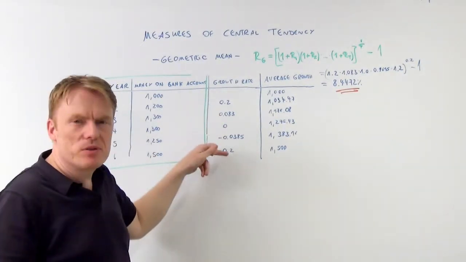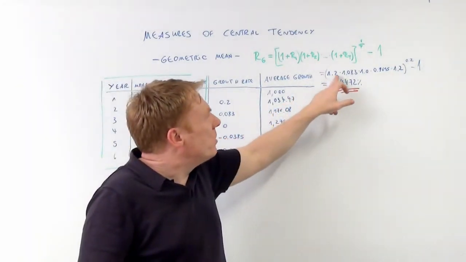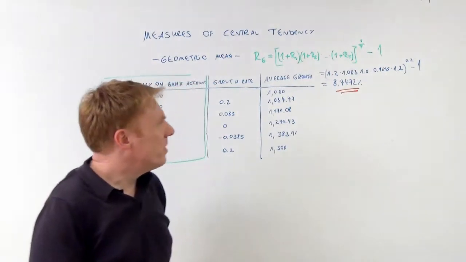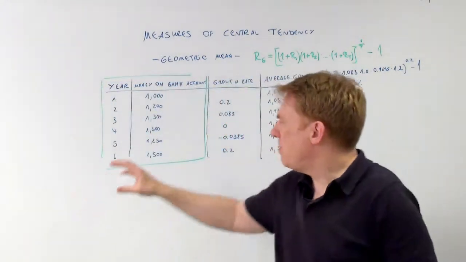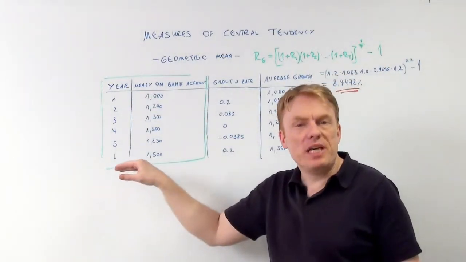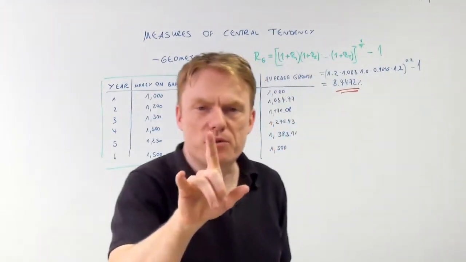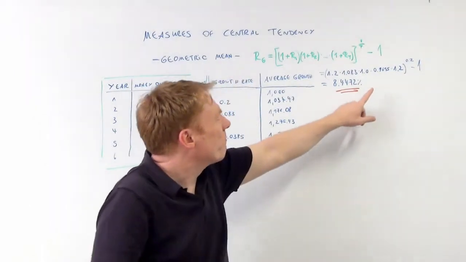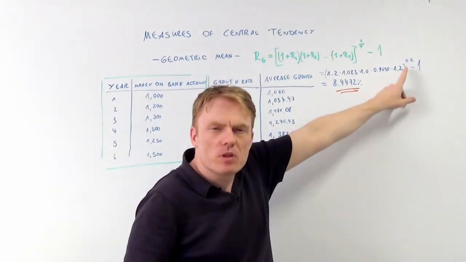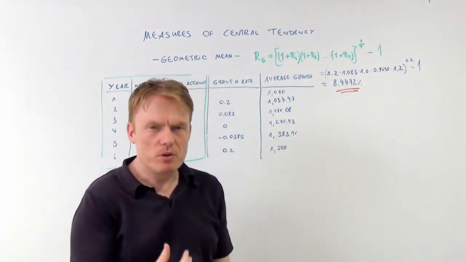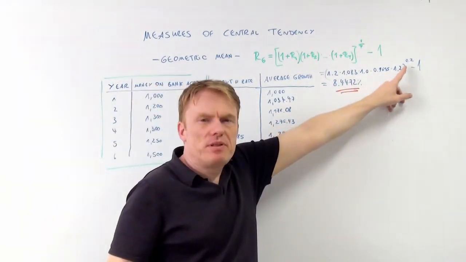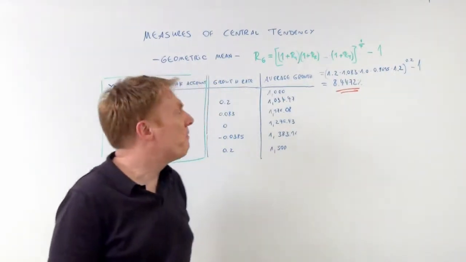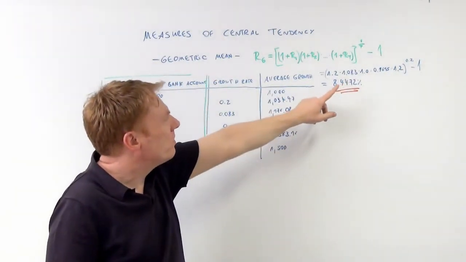Which means 5 different growth rates lead to 5 different values here. And since we have 6 different years, but only 5 different growth rates, it's the 5th root, which can also be calculated with an exponent of 1 over 5, 1 divided by 5.